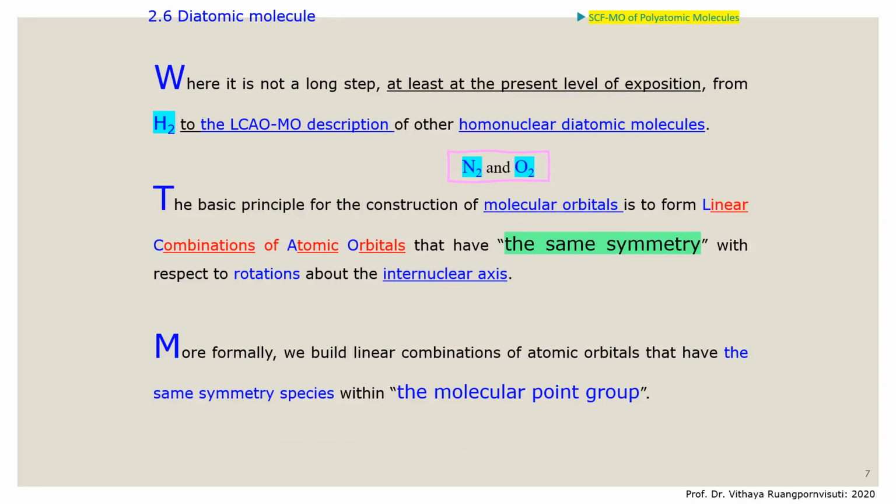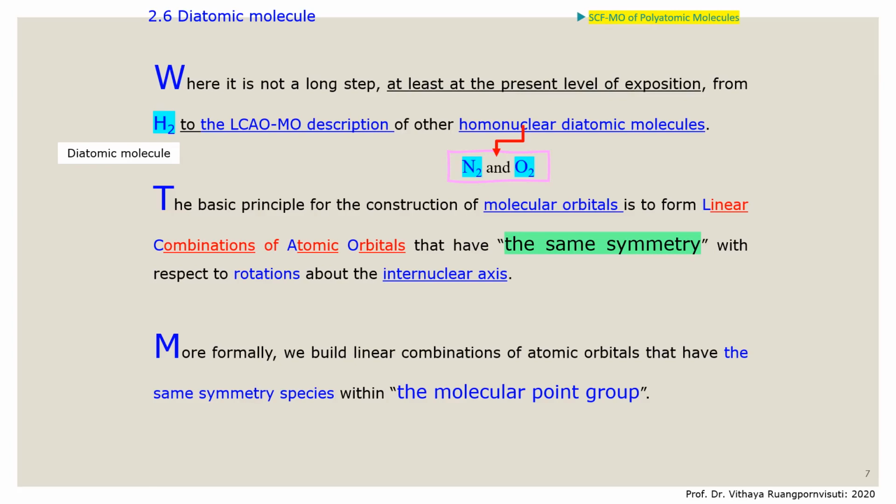Diatomic molecules. There are two types of diatomic molecule. One is heteronuclear, and the second one is homonuclear. The hydrogen molecule, nitrogen gas, and oxygen gas are homonuclear diatomic molecules.